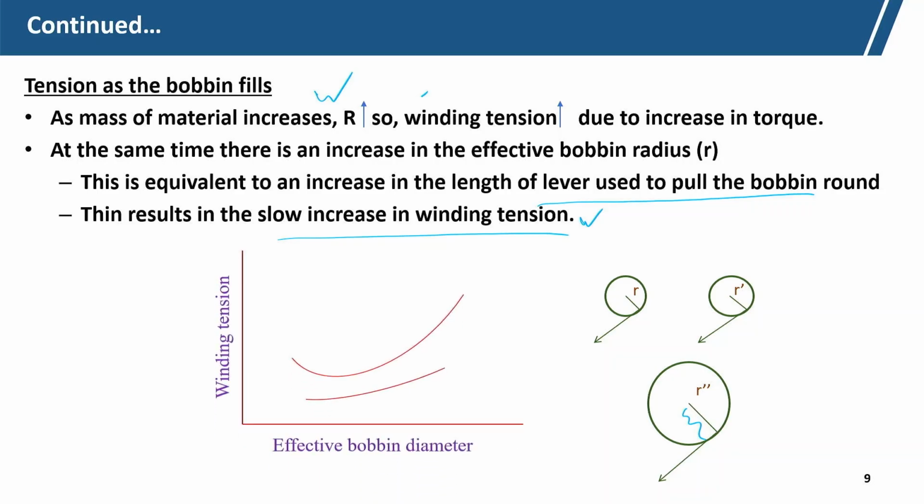You can see in normal case this should be increased, but with effective bobbin diameter, the tension increases at the slower rate due to this lever effect. This is done automatically. Now, we can reduce and increase the bobbin tension by the size of the washer.